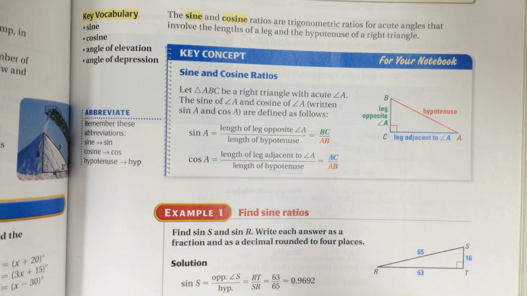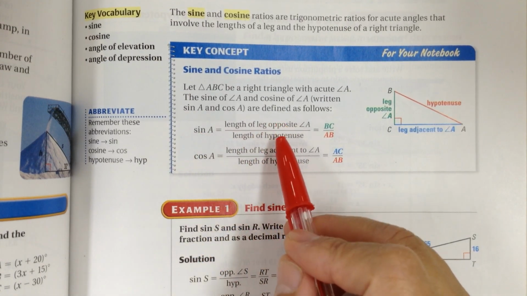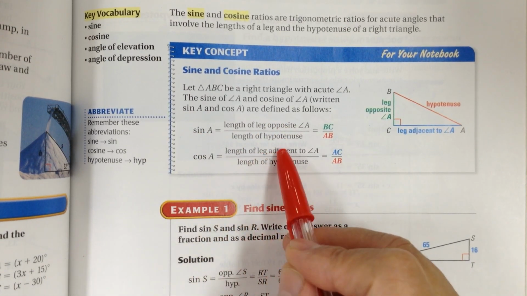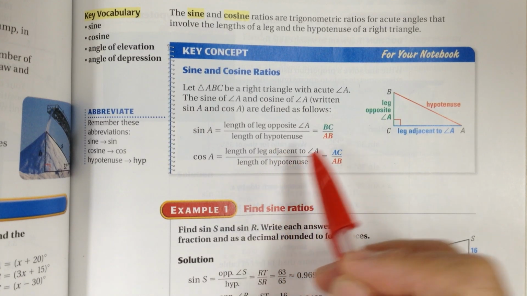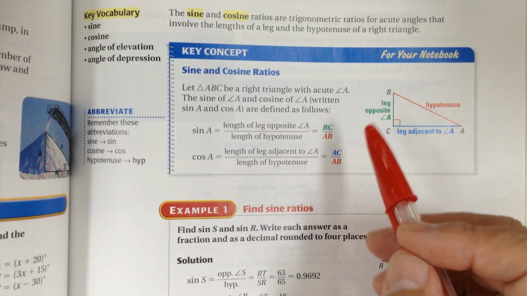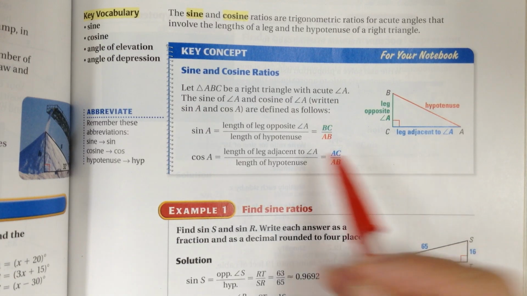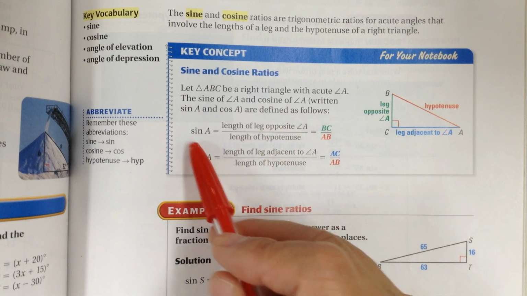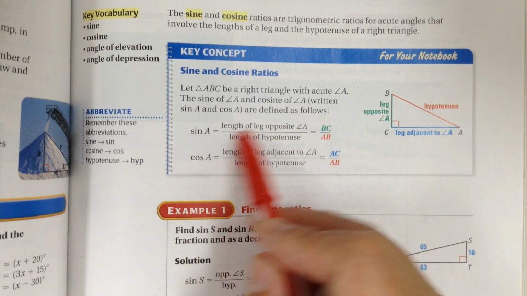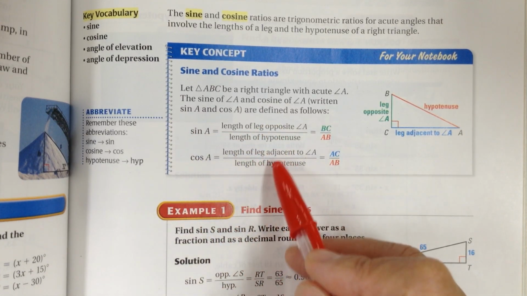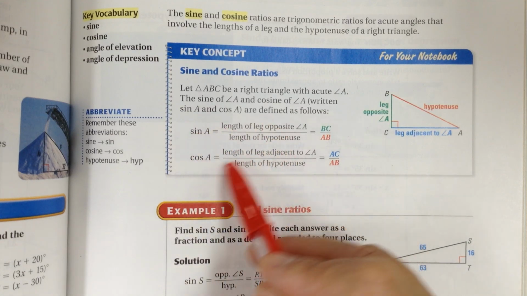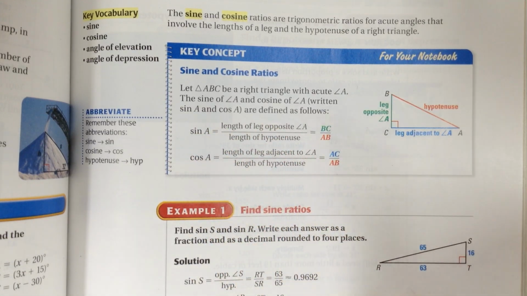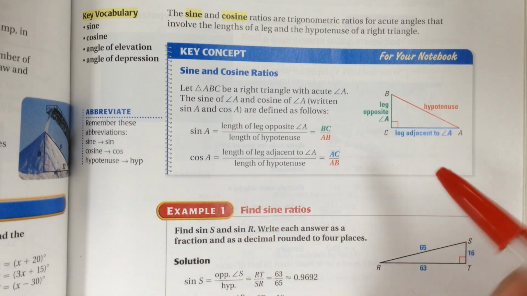So those are definitions you need to memorize by heart. So you need to know sine, cosine, and tangent. Okay? So sine is opposite over hypotenuse, cosine is adjacent over hypotenuse, and tangent is opposite over adjacent. So if you just use the acronym, SOH, CAH, and tangent is opposite over adjacent, TOA, right?